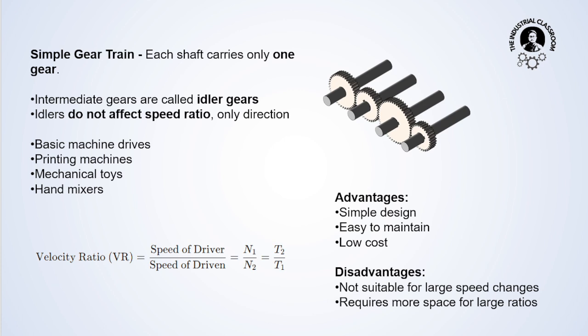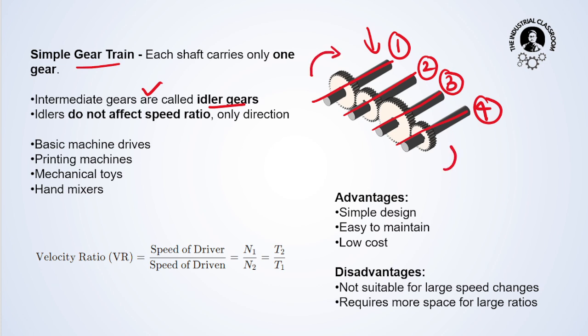Let us study the differences. In a simple gear train, each shaft carries only one gear. See this example, the image provided here. You can see that each shaft has only a single gear, and intermediate gears are called idler gears. For example, when I need to transmit motion from 1 to 4, this is the gear and this is the pinion.